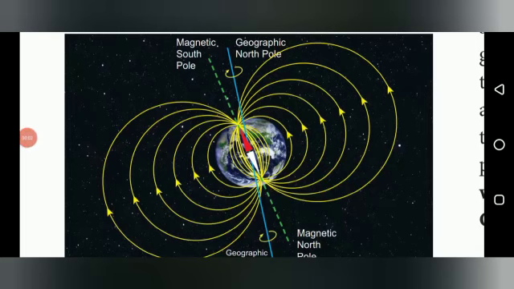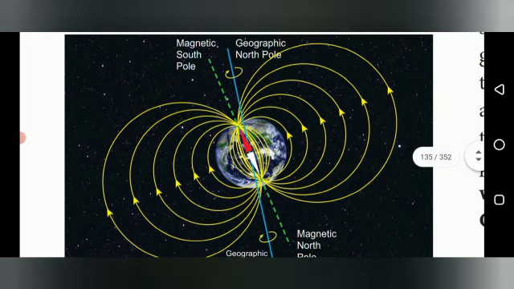Apart from the shapes of magnets, that is bar magnet, horseshoe magnet, round magnet, our earth is a huge magnet. Our earth is a huge magnet. It has poles, north pole and south pole, represented here as the magnetic south pole and magnetic north pole.